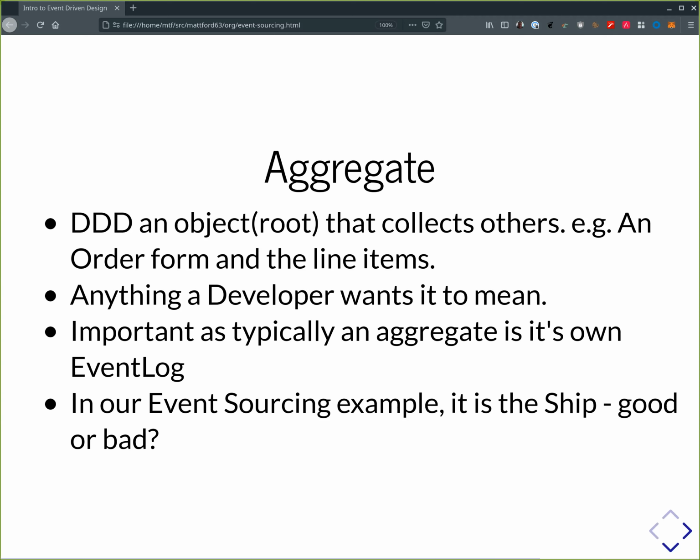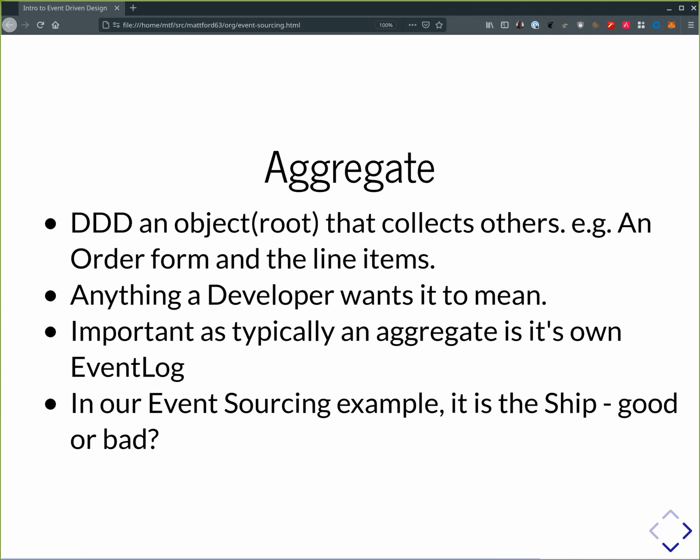So in our example, the ship having an event log, is that a good or a bad thing? If you've only got 6 cruise ships and there are thousands of different events going on within the cruise ship, and you're not just tracking arrivals, you're tracking loads of other stuff as well, like ports and locations, then it's probably a good idea that each ship has its own event log.